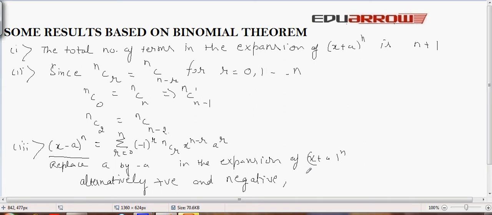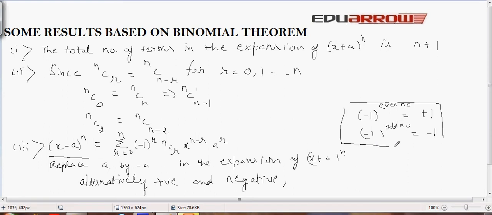If n is even, the last term will be positive. If n is odd, the last term will be negative. Because we know that minus 1 power of even number is equal to positive 1. Minus 1 power of odd number is equal to minus 1. So accordingly, if n is even, the last term will be positive. If n is odd, the last term will be negative.